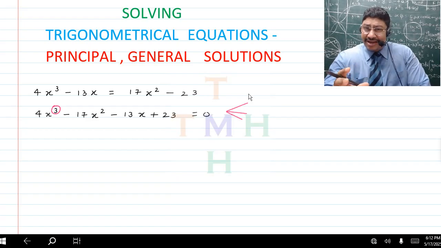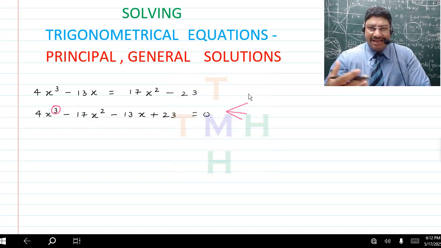Contrary to that, in an inequation you actually won't get a definite number, but it can vary from no solution, that is a null set, or probably infinite solutions. So you can't predict the number of solutions that you will get from an inequation, right?